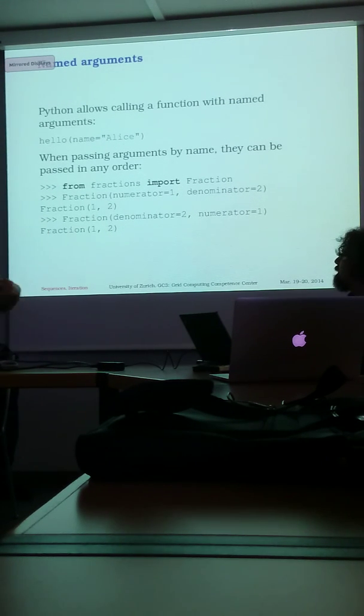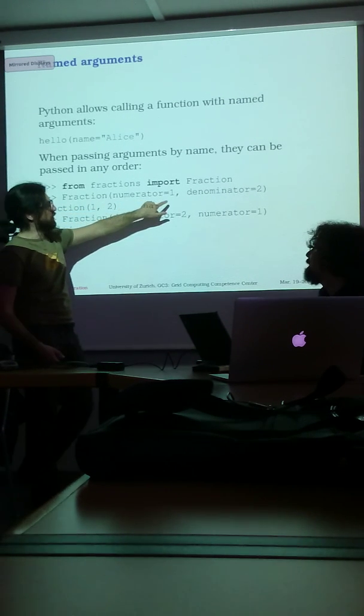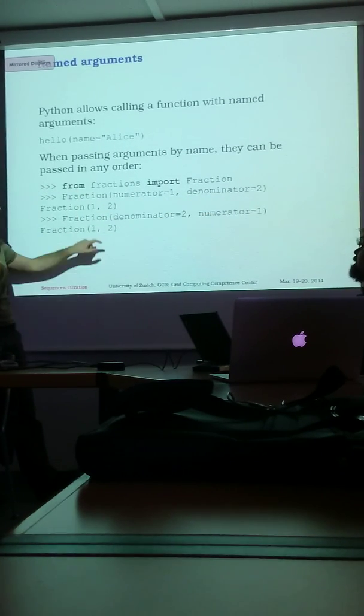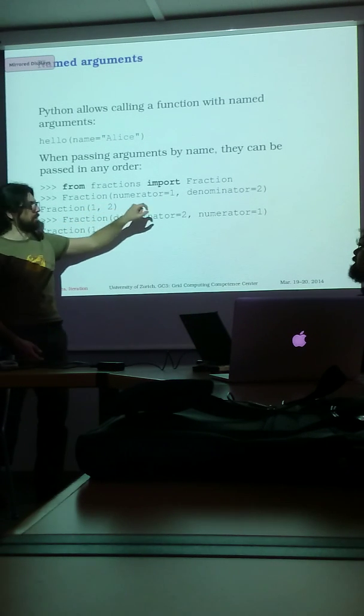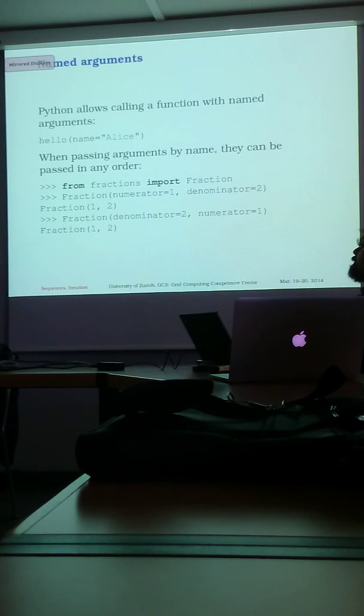Well, rewind. This is an example of a function that accepts two optional arguments called numerator and denominator. Now, if you call it, it's the same.